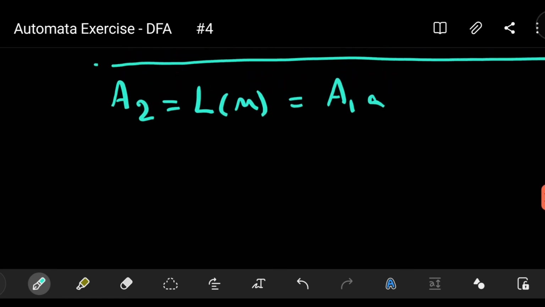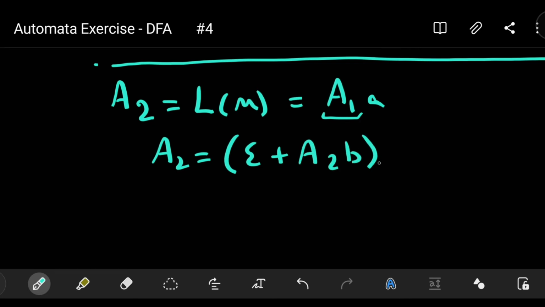Okay, let me substitute and get rid of A1. So A2 equal, I will substitute A1, which is epsilon plus A2B, times A. And A2 here is the same as A2 here.